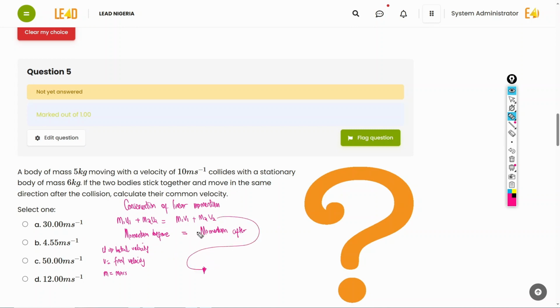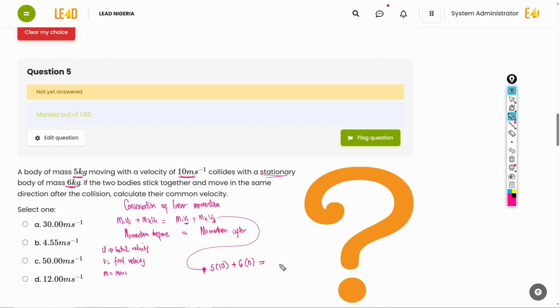We have the mass of the first one is 5 and at 10, so that will be 5 times 10, right? So mass of 5, m1, times velocity of 10, u1, plus the mass of the second one is 6, times its velocity, which is 0 because it is stationary. Now they're telling us that they both stick together and move together, right? That means whatever this value is, this value is the same.